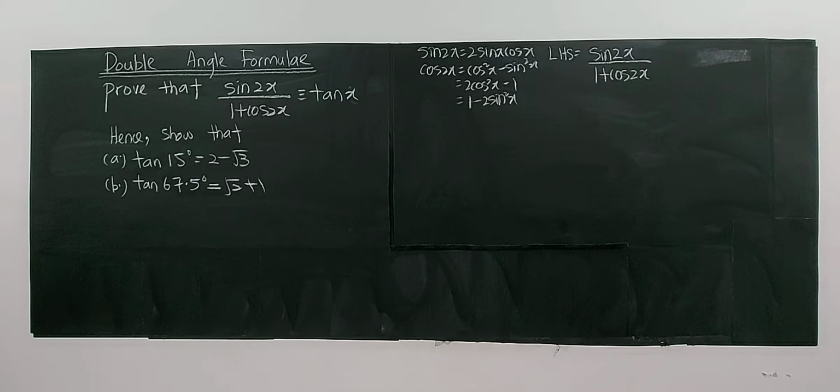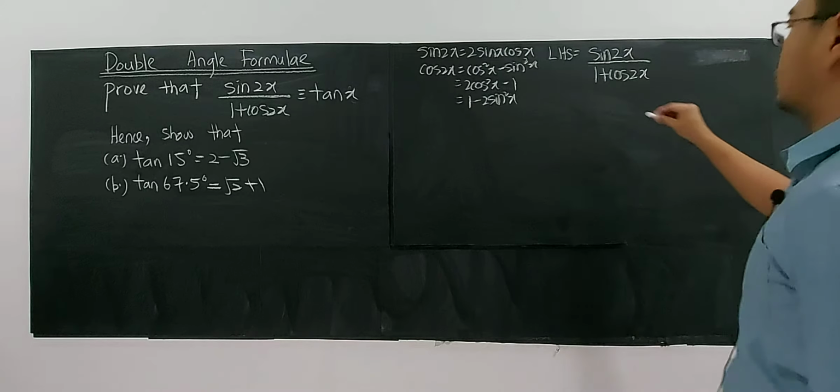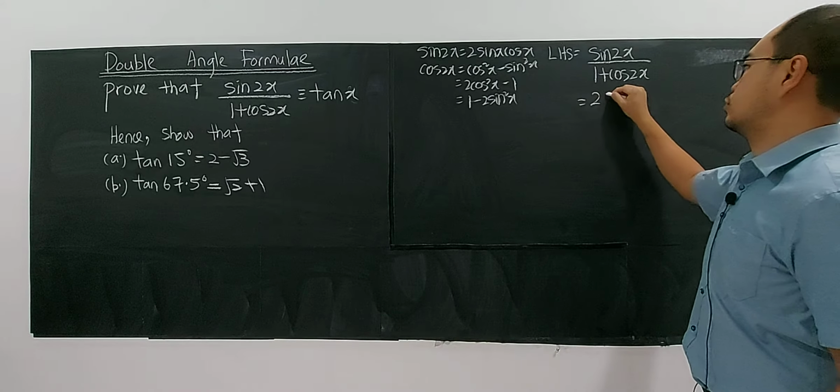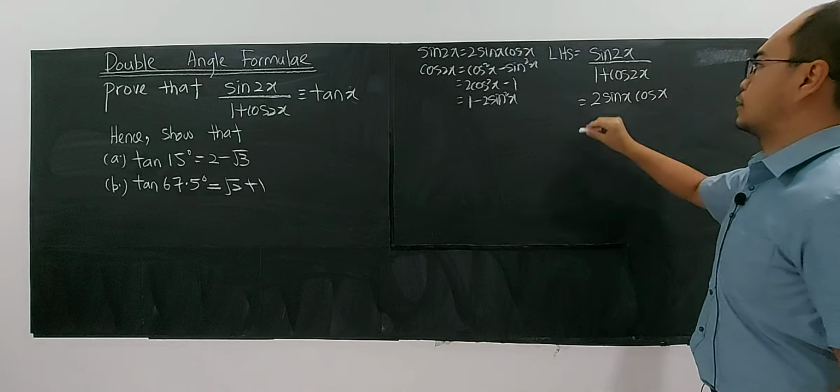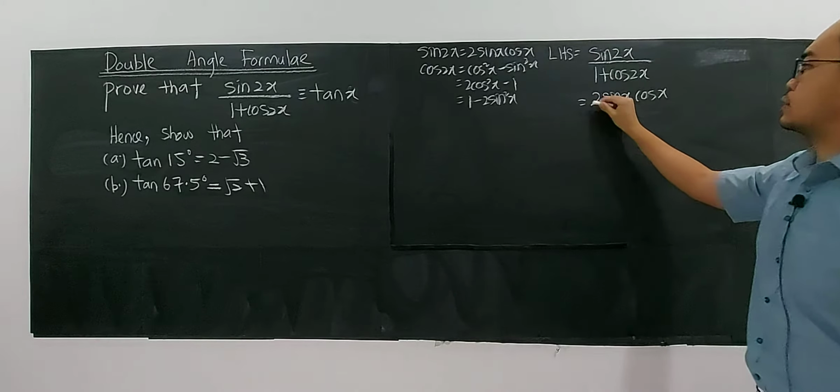So for sine 2x, you only have one choice. So you have to choose 2 sine x cos x.